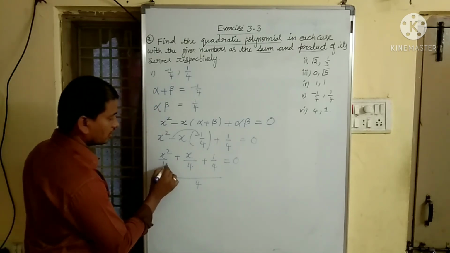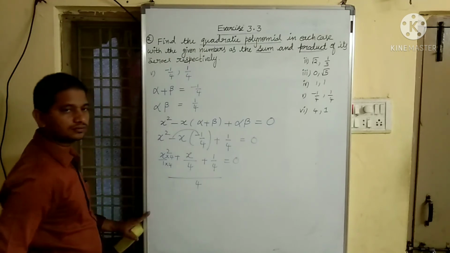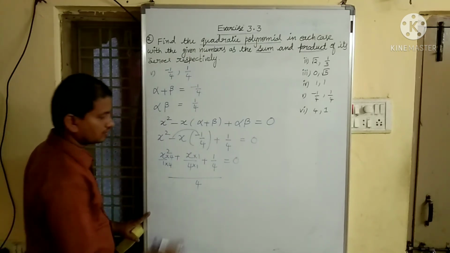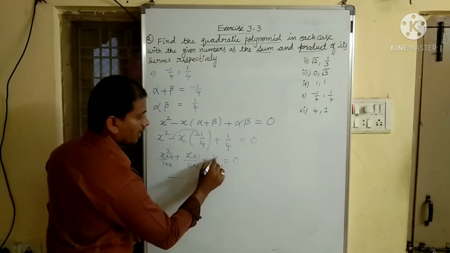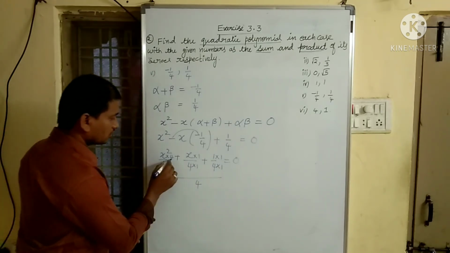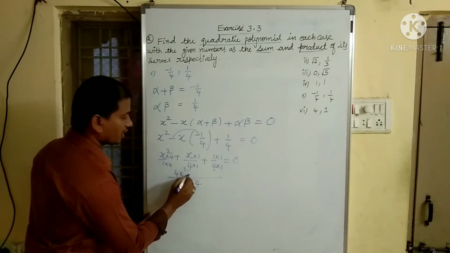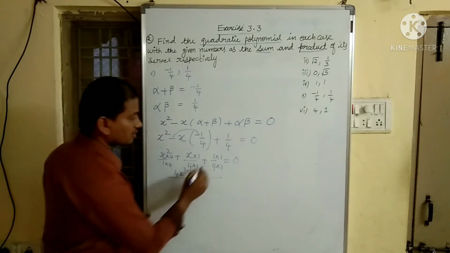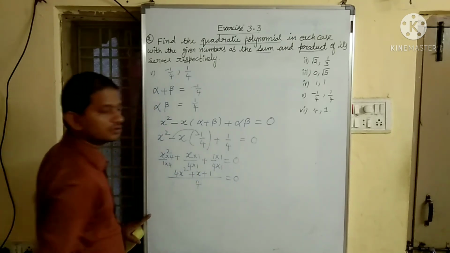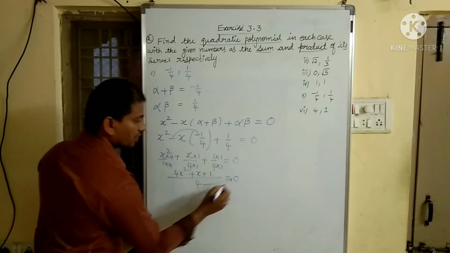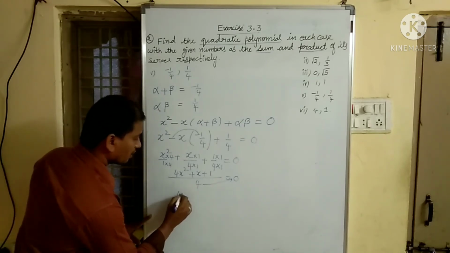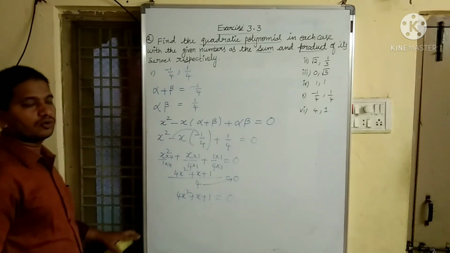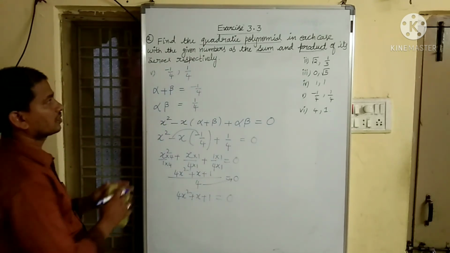So 4 into x square, 4x square plus x into 1, x plus 1 into 1, 1 equal to 0. So 4 into 0 is 0 only. I mean 4x square plus x plus 1 equal to 0.